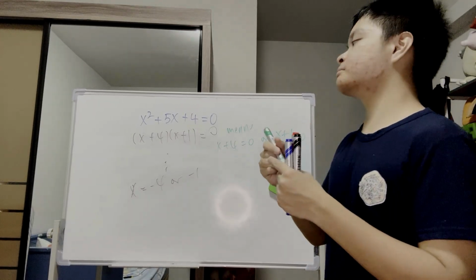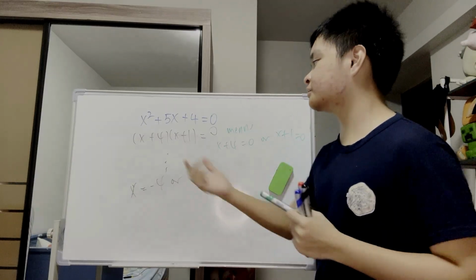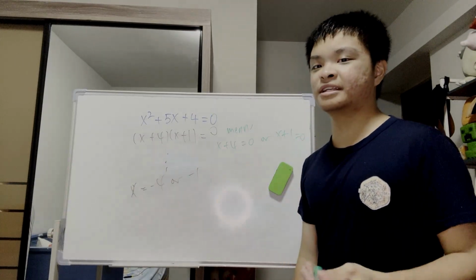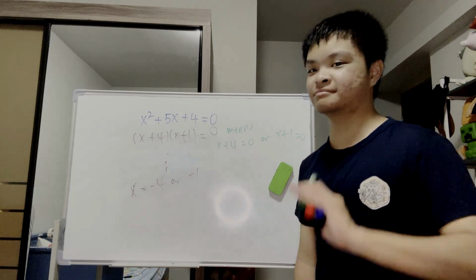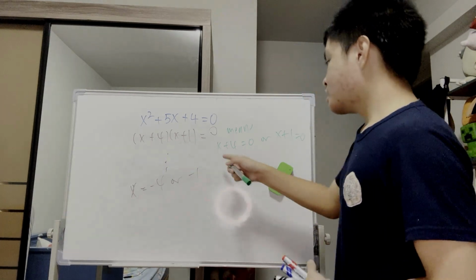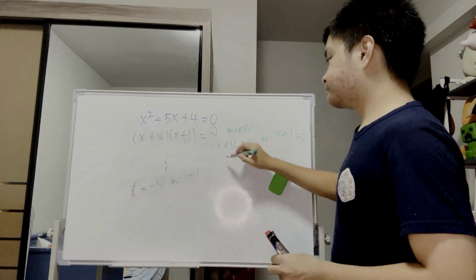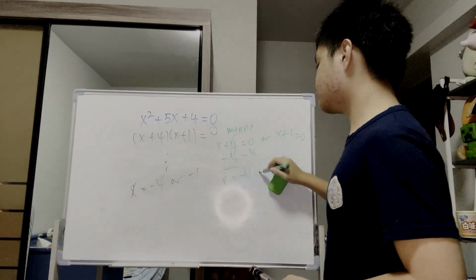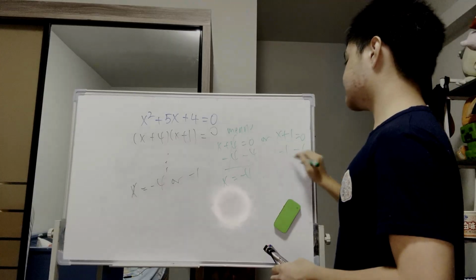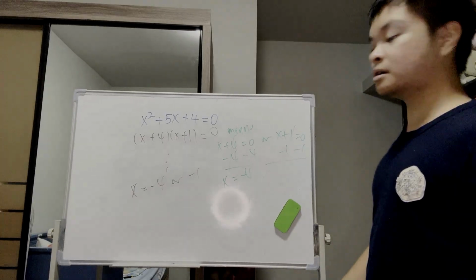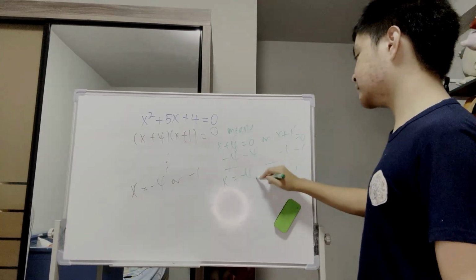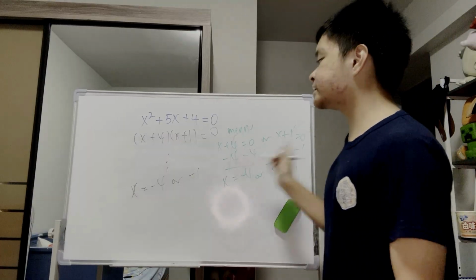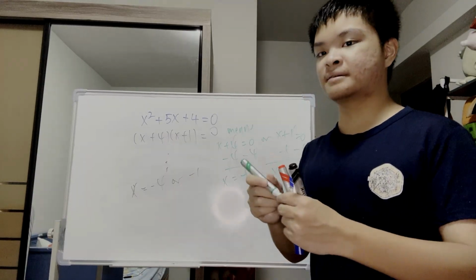Now, they cannot be both equal to 0 because otherwise we will have -4 equals to -1, which obviously is not true. So, -4 on both sides, so we can cancel this out. We get x equals to -4. -1 on both sides here, cancel out the 1, and we get x is equal to -1. So this is how we get our solutions for x.